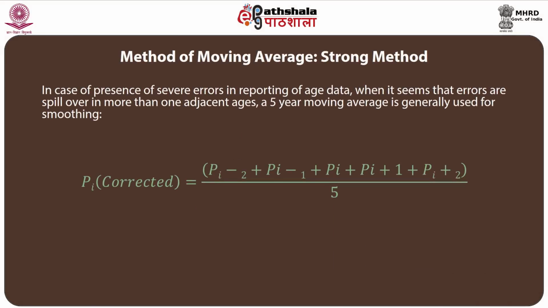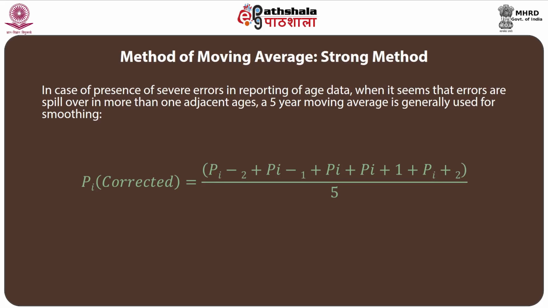So, the corrected Pi value will be Pi minus 1, 2 into Pi, and Pi plus 1, divided by 4. When there are severe errors in reporting of age data, and it seems that errors spill over into more than one adjacent age, a 5-year moving average is generally used for smoothing, and in such cases you would have Pi minus 1 and Pi minus 2.